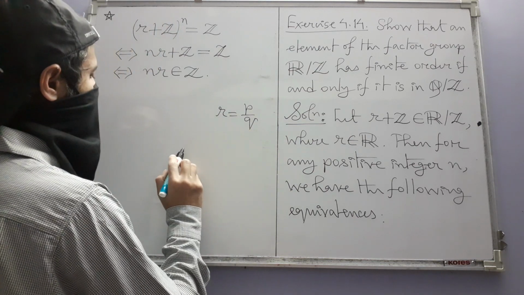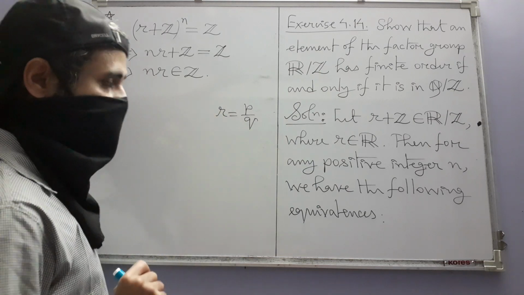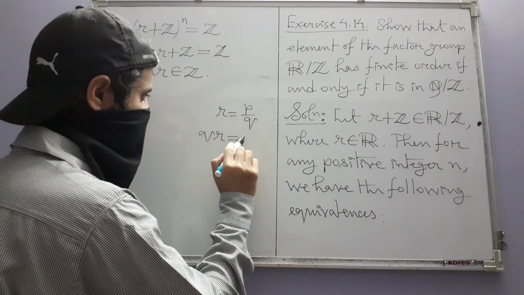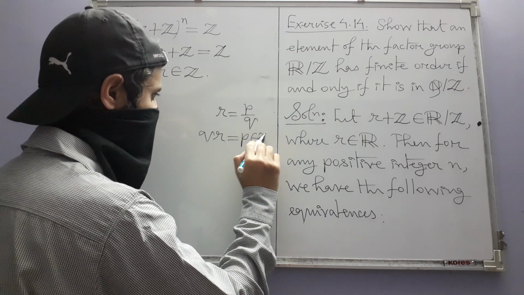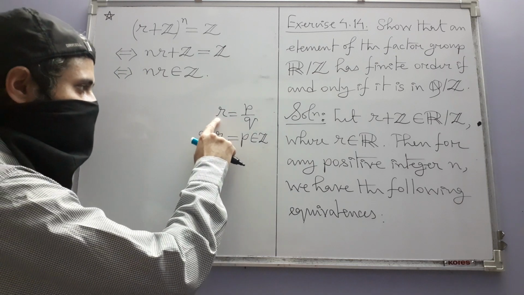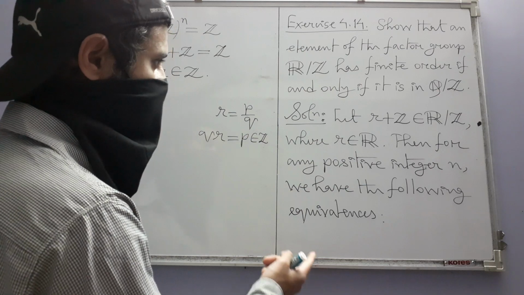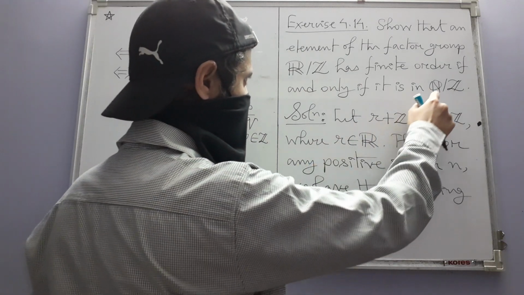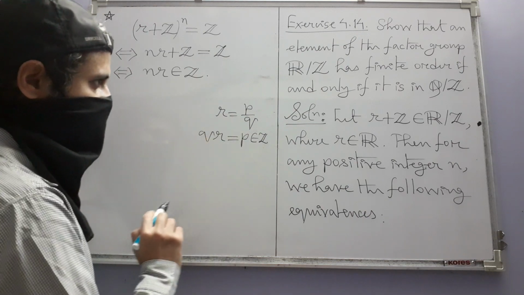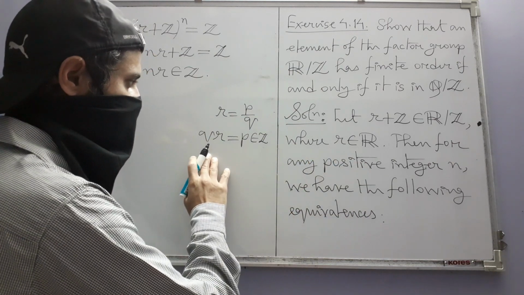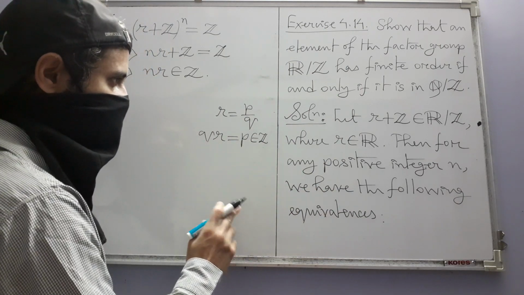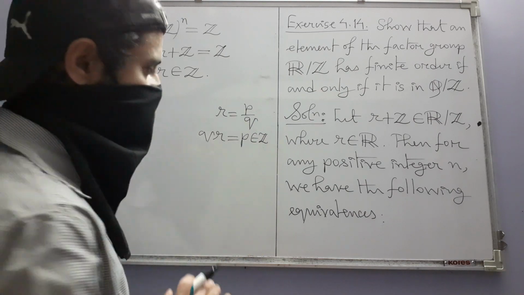So in that case you can choose n to be q, so that qr is p, and that definitely belongs to the set of integers. So if our real number is a rational number, in other words, if our r plus z is coming from Q/Z, then r plus z has finite order. That order need not be q itself, but there is some finite order.